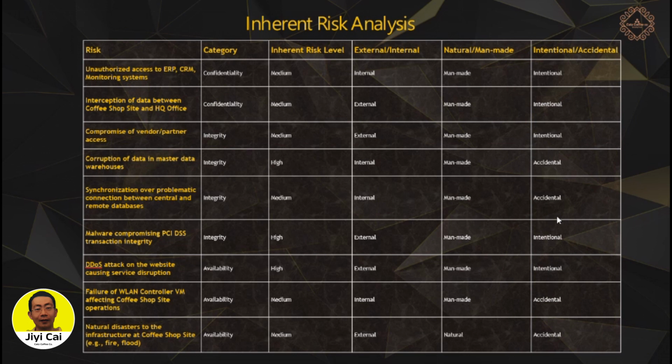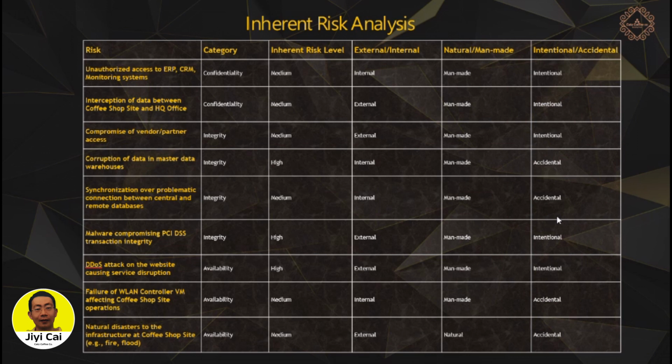And others, like interception of data between the coffee shop side and the HQ. Like I said, there are several data pipelines between each other. So sometimes, if there's a wrong network connection or configuration, there's a risk of data being intercepted by a third party.